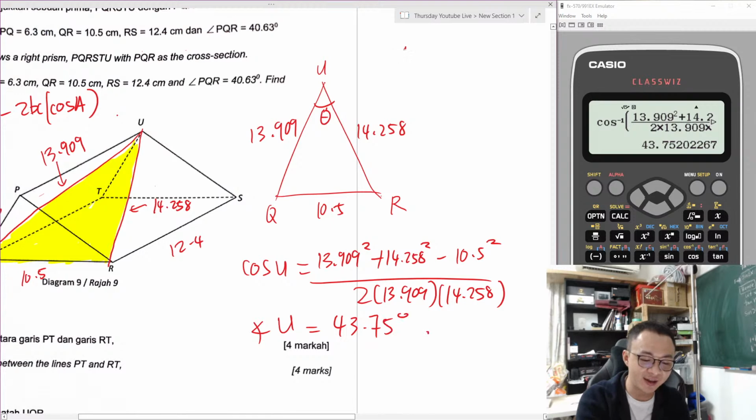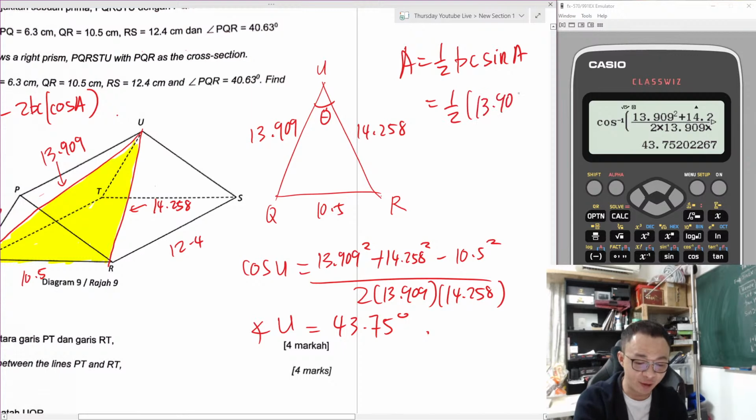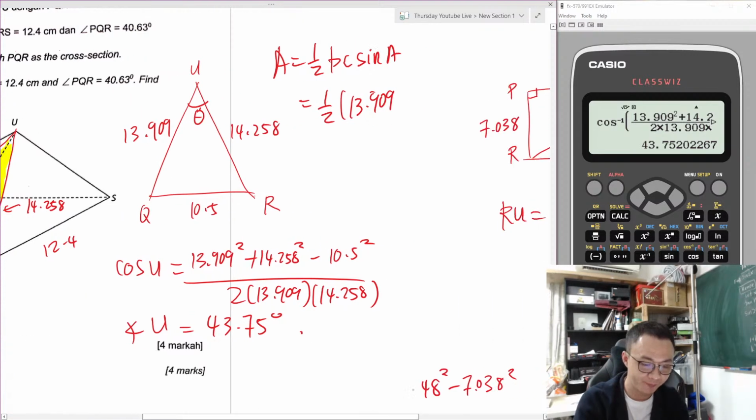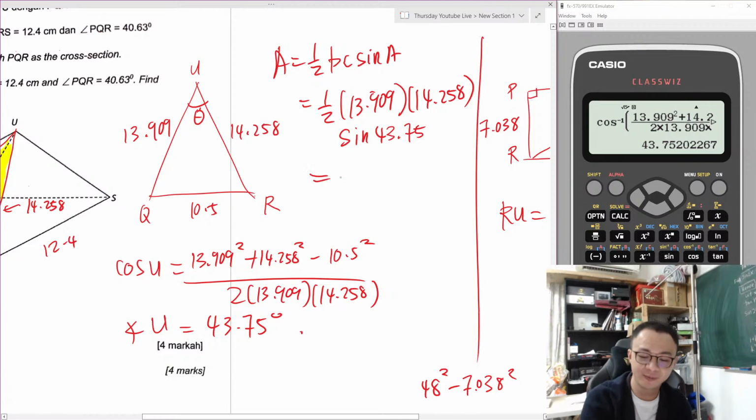Now I have the angle, I can find the area using half BC sine A. So half, BC is both sides, 13.909 times 14.258, times sine 43.75, to get the area they want.